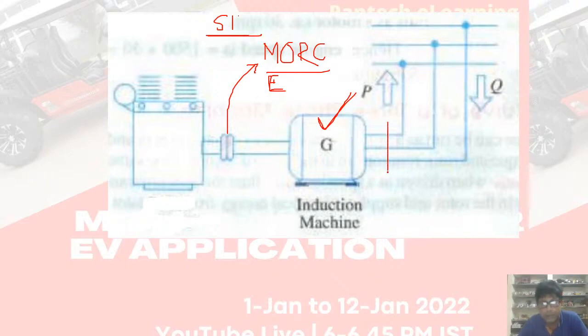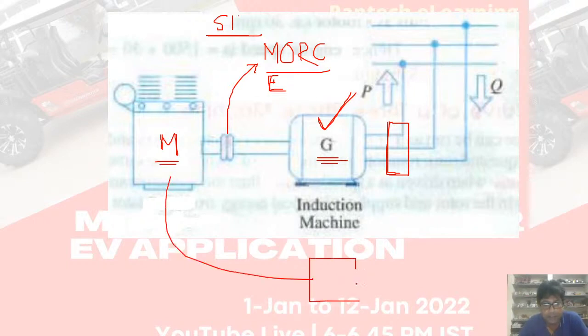Here you can definitely put one energy meter to see. And this is another motor whose rated speed should be higher than the synchronous speed of this motor. This is connected with one variable frequency drive, this is a VFD.